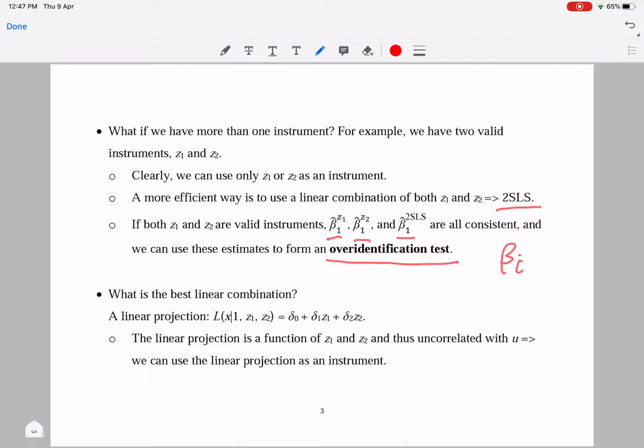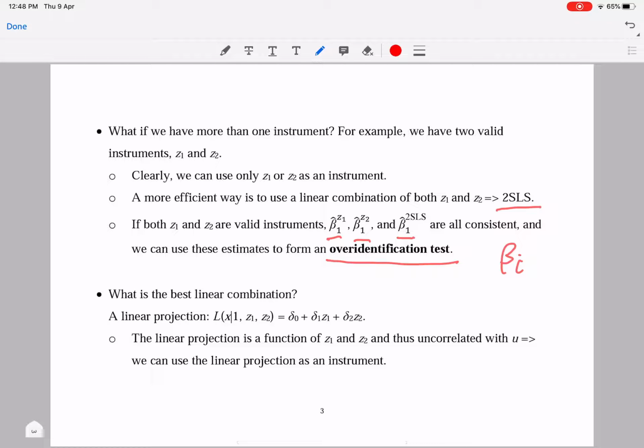So even if you get different estimates, that doesn't necessarily imply that your instruments are endogenous. And therefore, nowadays people don't really like doing over-identification tests, and that's why I'm not going to talk about the details of different types of over-identification tests.